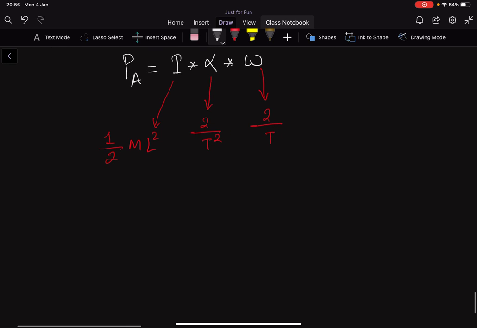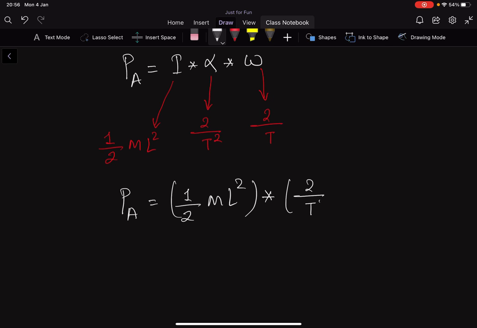So we're going to get PA as half m L square, that is from inertia. Now for angular acceleration we have 1 over t square, times, for angular velocity, 1 over t.